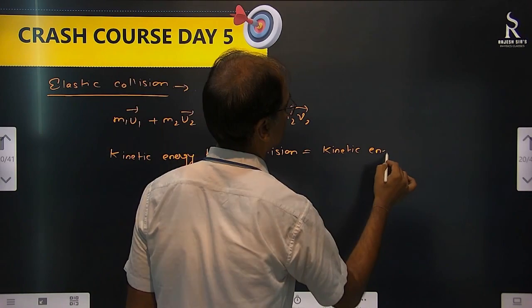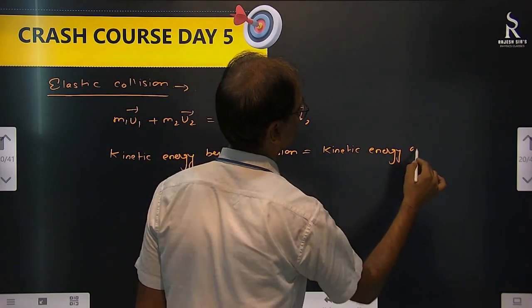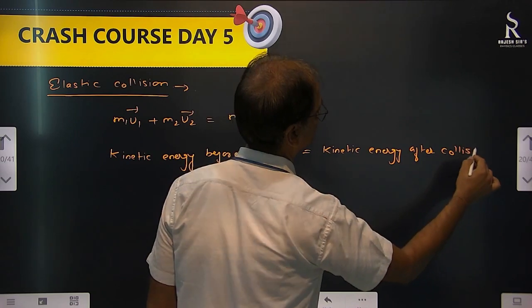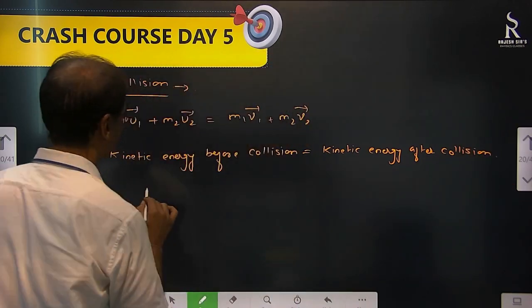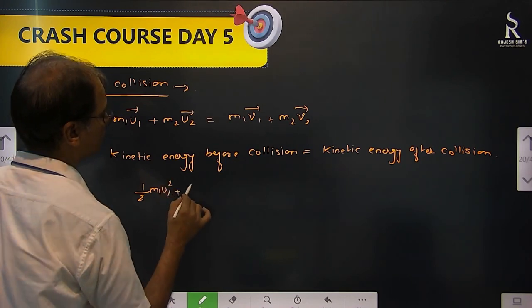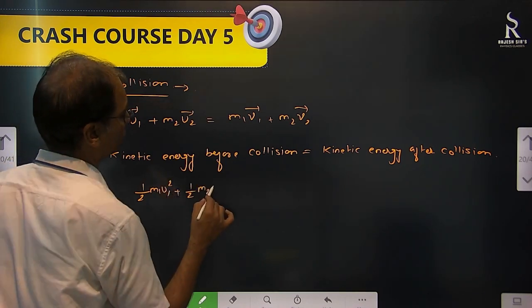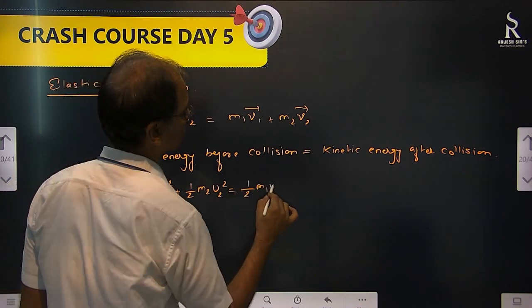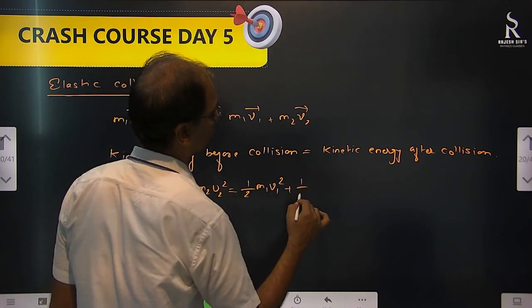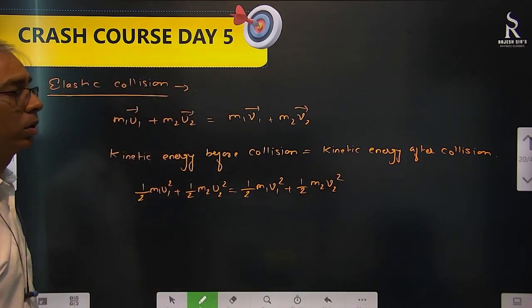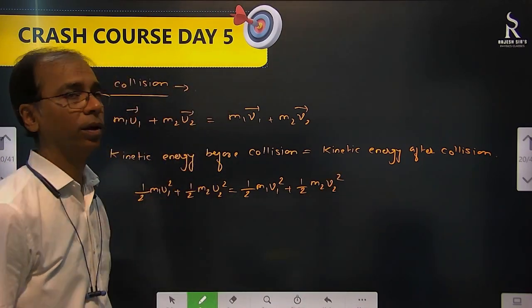That means half m1 u1 square plus half m2 u2 square equal to half m1 v1 square plus half m2 v2 square. This is also there, this is also there.